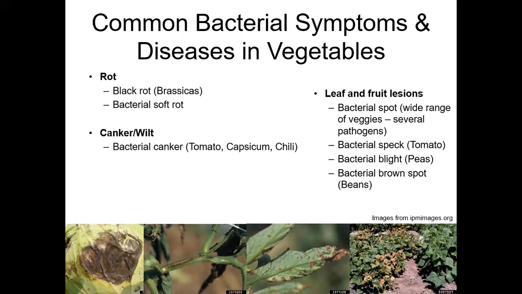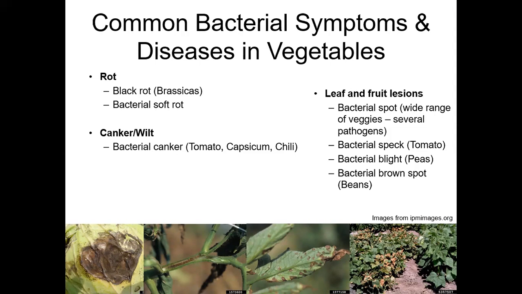So a bacterial rot, we see that in the brassicas, the broccoli, cabbage, cauliflower, and that will cause the soft rot that you would see in a rainy year. That's going to be very prolific. Sometimes you will see a canker, bacterial canker, or a wilt.